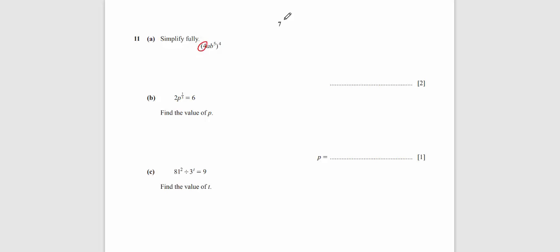So we have 4 to the power of 4, which you should know is 256. And then this a you also need to power by 4, becoming a^4. Then the b^5 also to the power of 4 becomes b^20. If power with power, you multiply it.